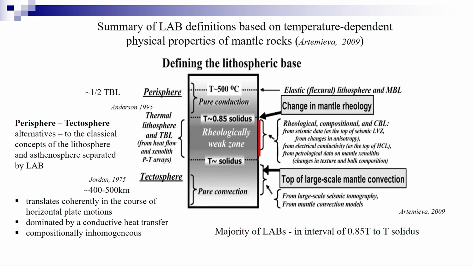The deepest LAB comes from large-scale seismic tomography or mantle convection models. In the literature, one can meet the terms perisphere or tectosphere, introduced by Jordan, as alternatives to the classical concept of lithosphere and asthenosphere separated by the LAB.